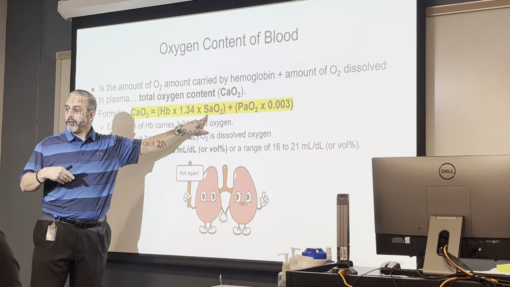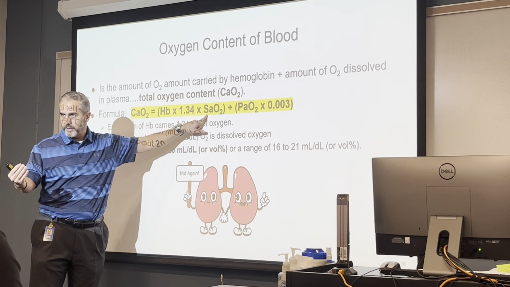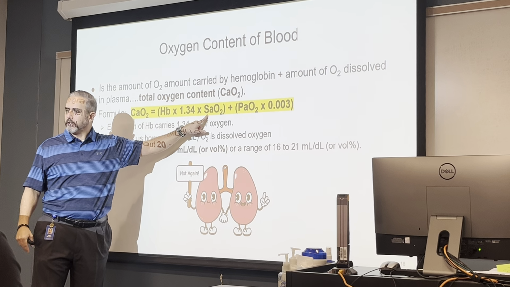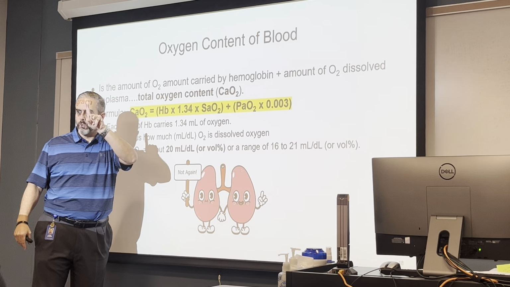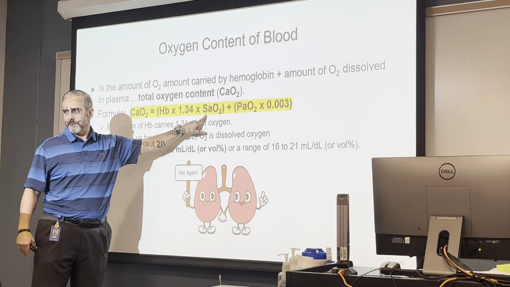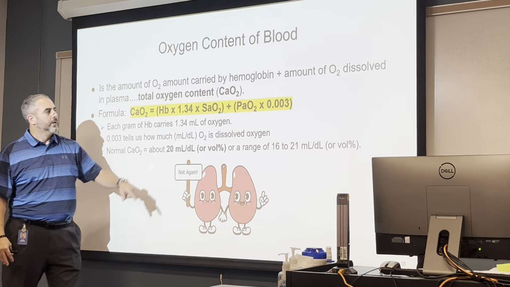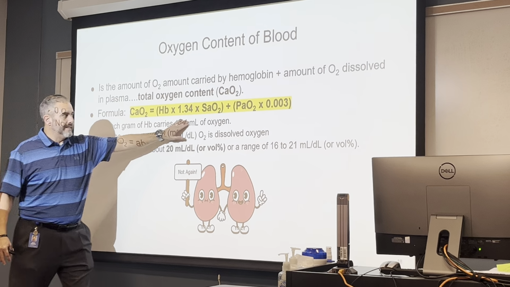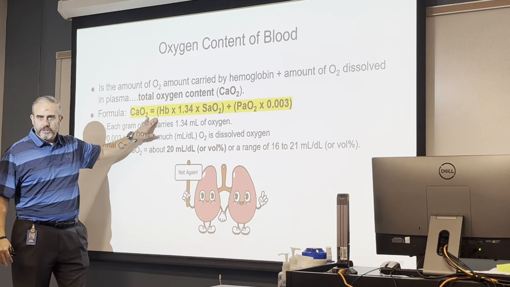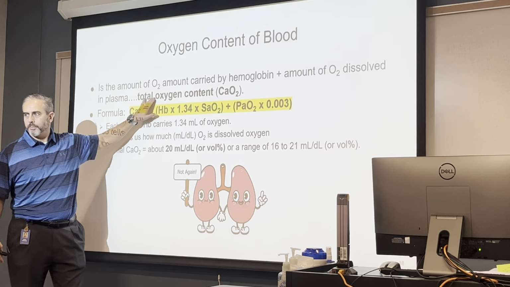If my saturation was 93%, 0.93. What if my saturation was 100%? Times 1. Don't make it 0.1, or that means my saturation is only 10%. Of course, that would be horrible. That's the left side of the equation. This tells me how much oxygen is bound to hemoglobin.